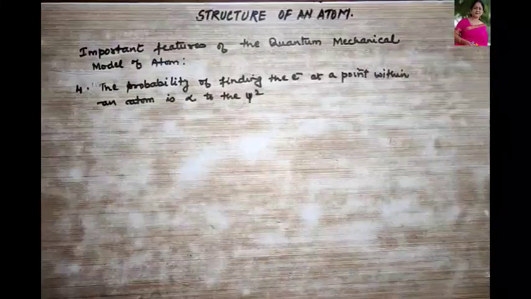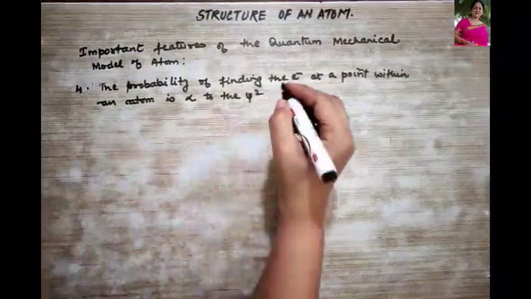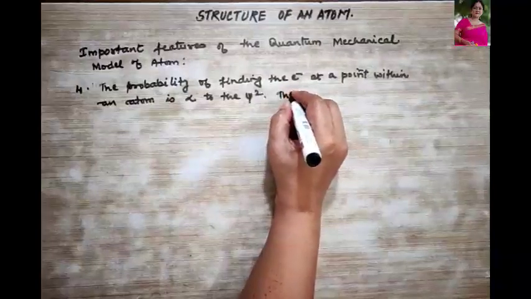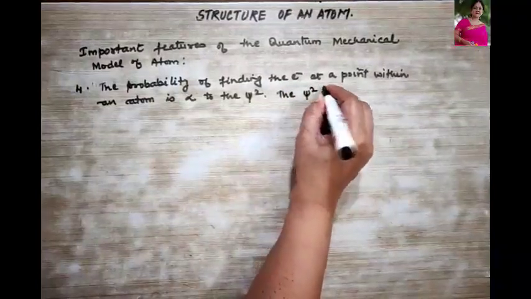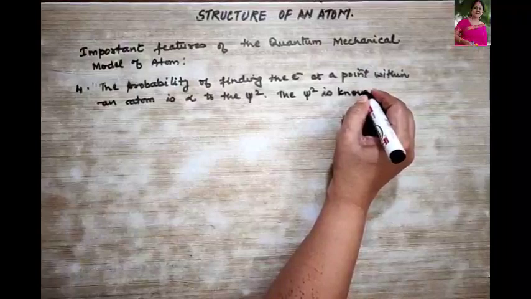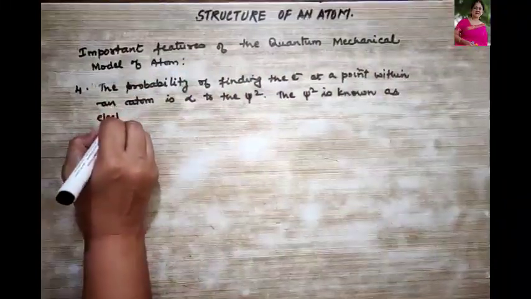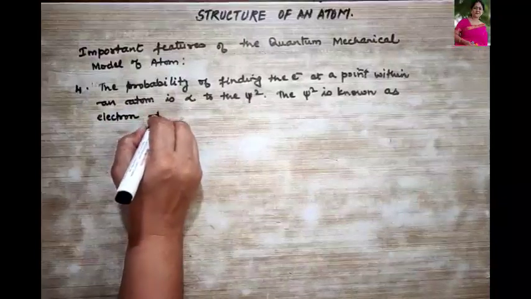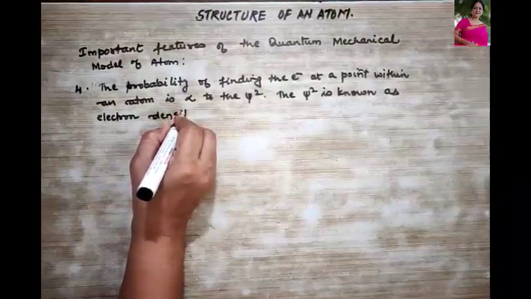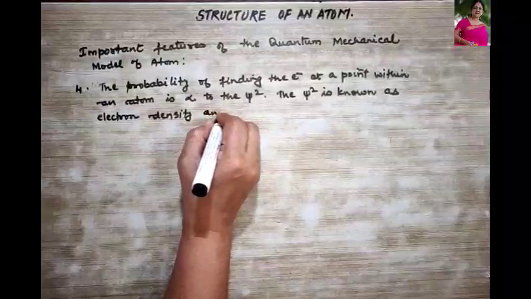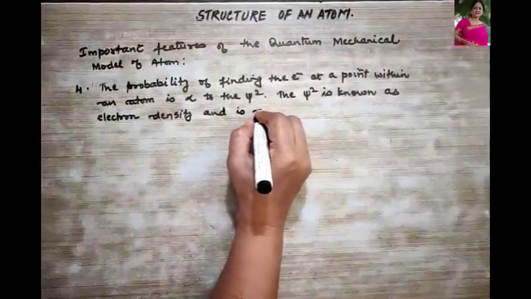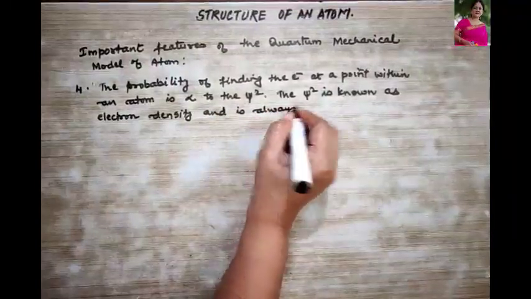Okay, this square of the wave function is also known as electron density, and it is always positive.